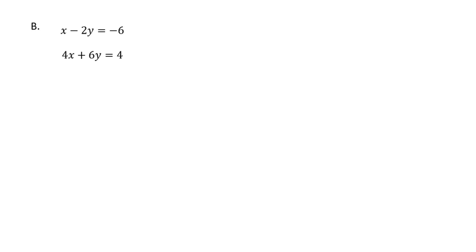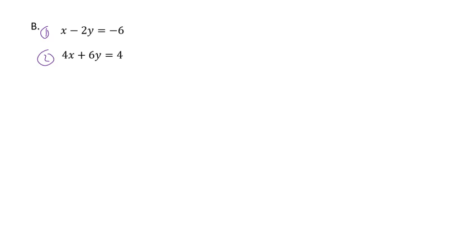In part B, it's the same type of problem. I'm going to name it equation 1 and 2. The goal is to look for which of these equations has a variable that's already isolated, or by itself. In this example, I don't have any equation that has a variable already by itself. Then that's when we would look to see if any of them just have a coefficient of 1, or negative 1.